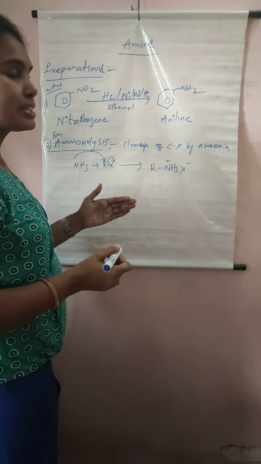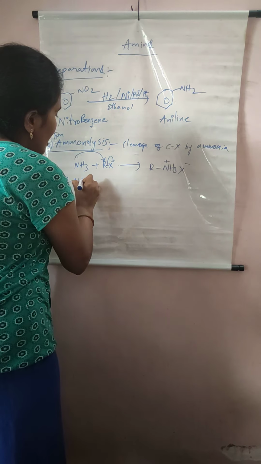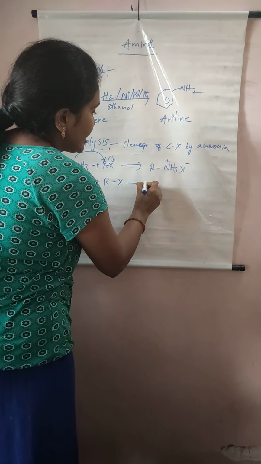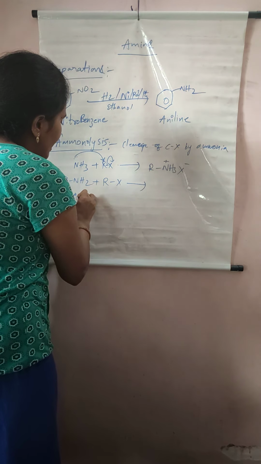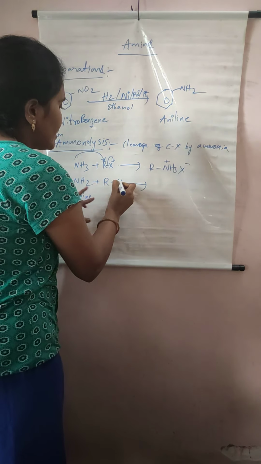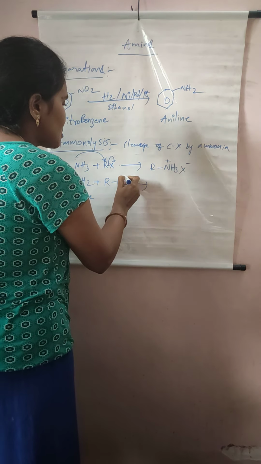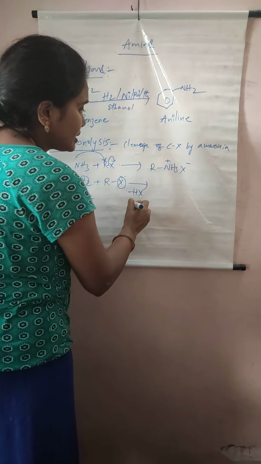So here the bond is cleaved. First take primary amine and treat it with alkyl halide. Here the halide is always minus, and there is a hydrogen, so HX is eliminated.